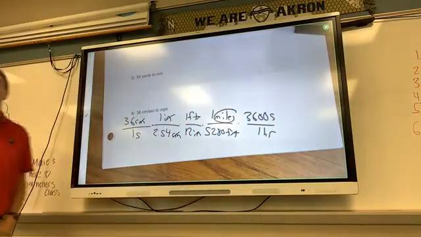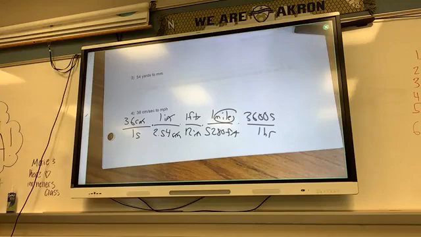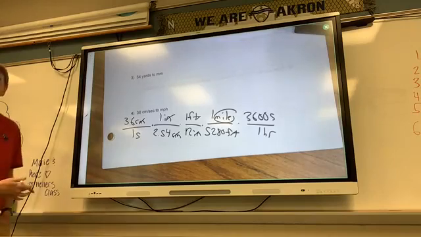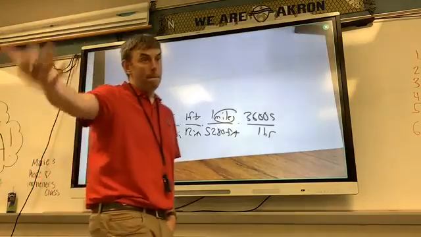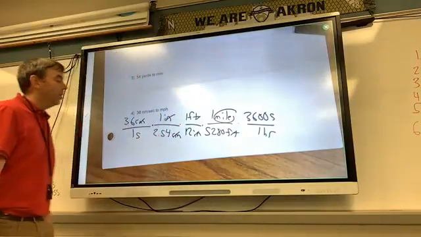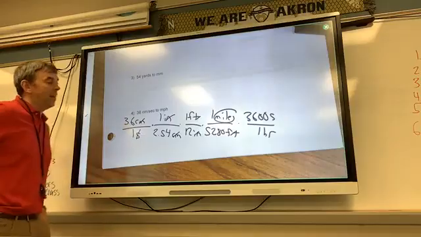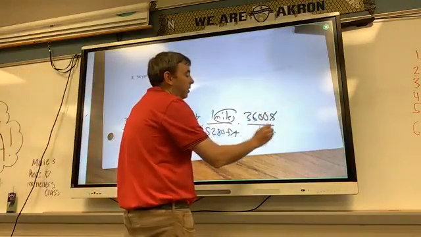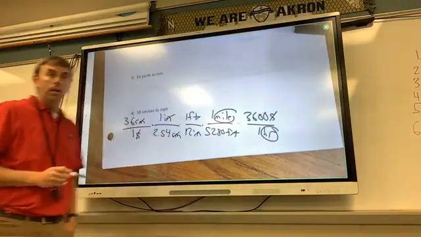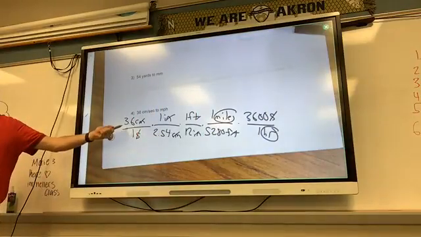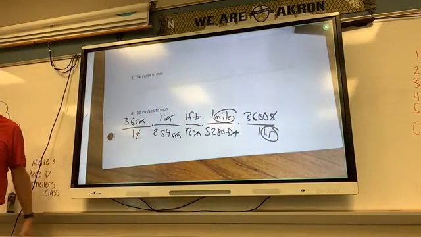Do you see what I just did there? Well, there's 60 minutes in an hour, right? There's 60 seconds in a minute, yes? 60 times 60 is 3,600. So seconds on the bottom cancels out seconds on the top, leaving me miles per hour. How many sig digs will my answer have? 2. Get out your calculator.